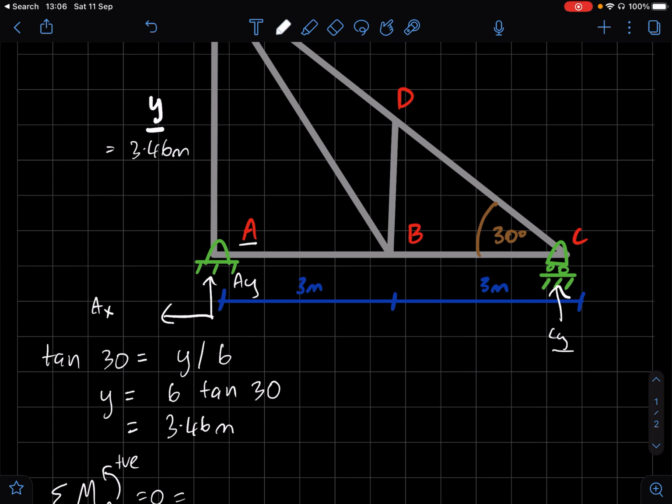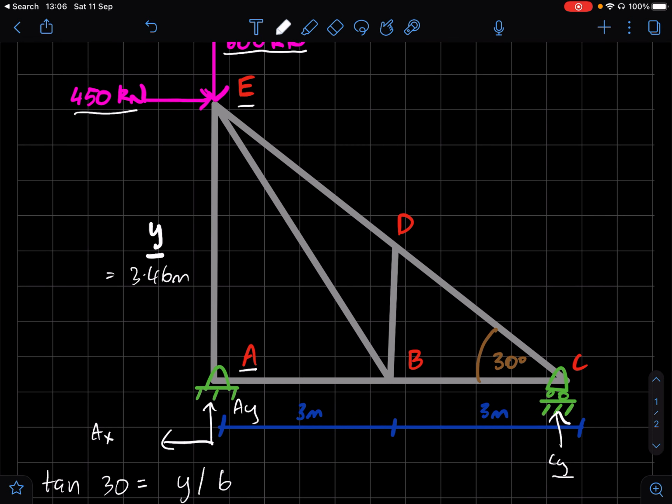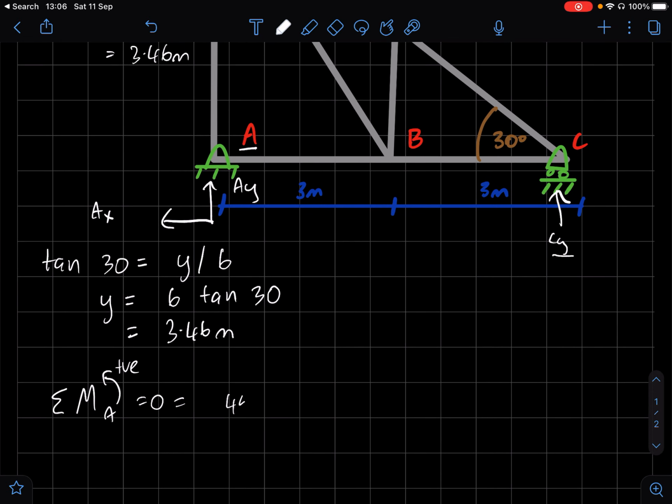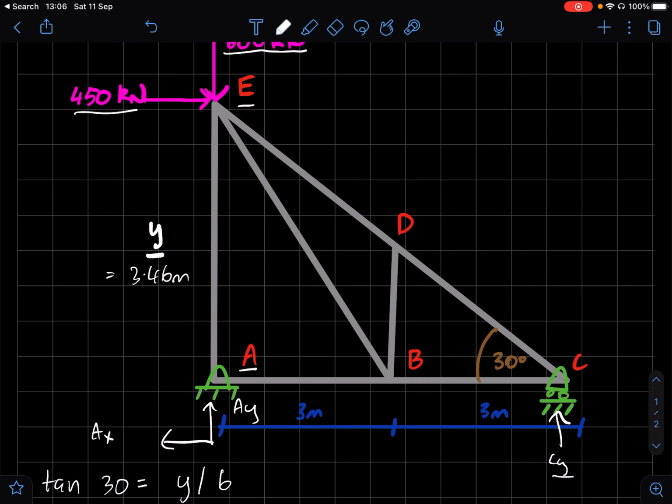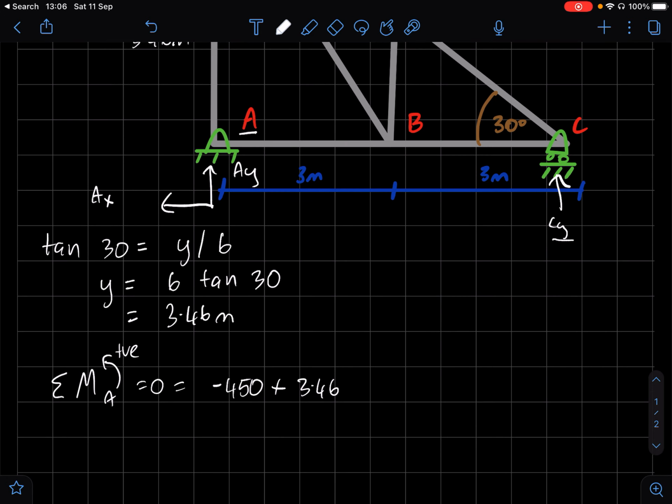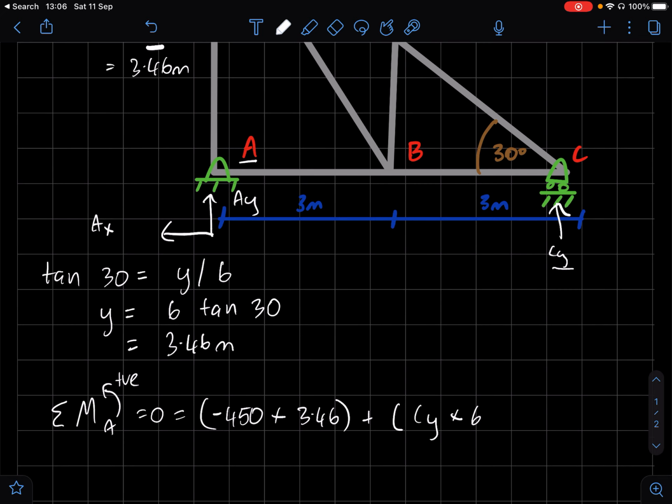So we have 450 kilonewtons times the perpendicular distance, 3.46 meters. And this is going to want to turn clockwise, so that's negative. Plus, we've got CY, and its perpendicular distance is 6 meters. Okay, and that's going to want to turn anti-clockwise, so that's a positive moment.